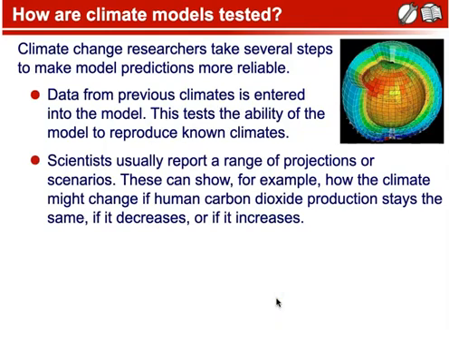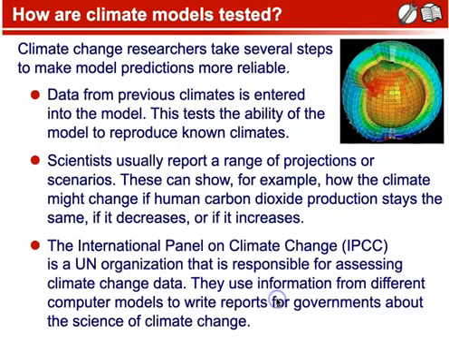These can show, for example, how the climate might change if human carbon dioxide production stays the same, if it decreases, or if it increases. The International Panel on Climate Change is that UN organization that is responsible for assessing climate change data. They use information from different computer models to write reports for governments about the science of climate change.